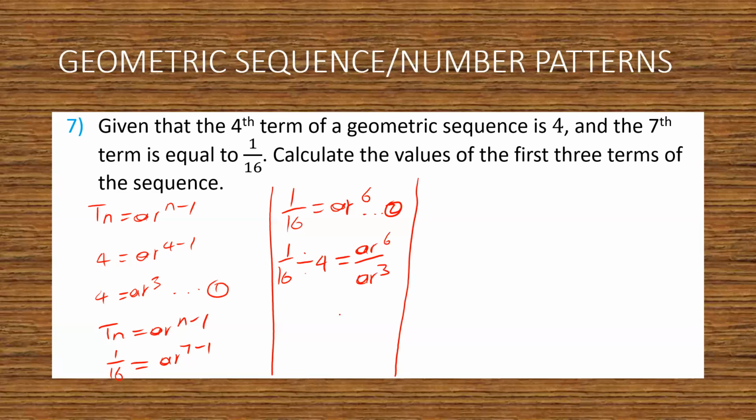And what do we get? We get 1 divided by 64, which equals R to the power of 3.